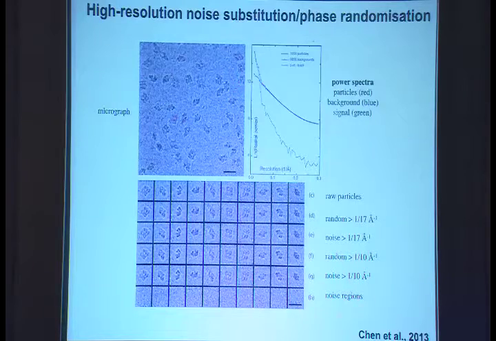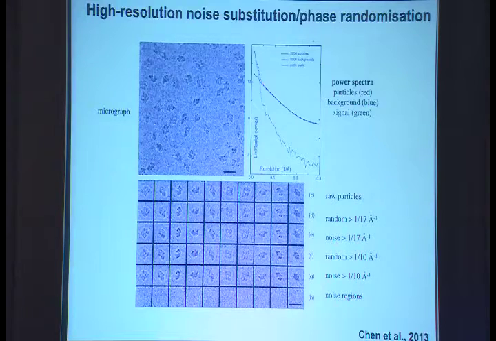This is a picture from Richard Henderson and co-workers, who devised a method for validating the resolution. It is called high-resolution noise substitution, or phase randomization. The idea is that you have a micrograph, you pick particles, and the neighboring areas are noise, and then you randomize the phases beyond a certain resolution.